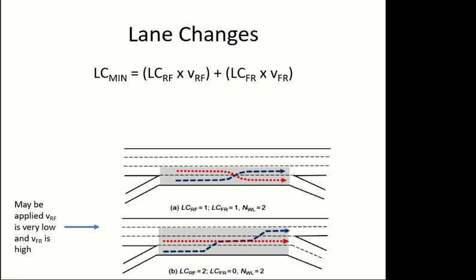First thing I will do is calculate the minimum lane changes. Lane changes to go from ramp to freeway is 1 for a standard segment, and freeway to ramp is also 1. So both of these are 1. Basically you're just adding the ramp to freeway and freeway to ramp flow rates.